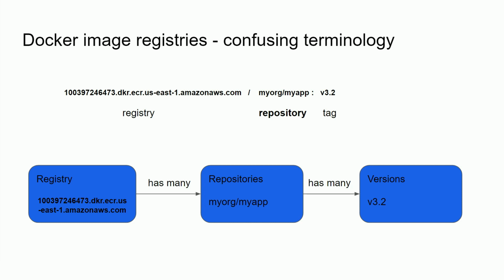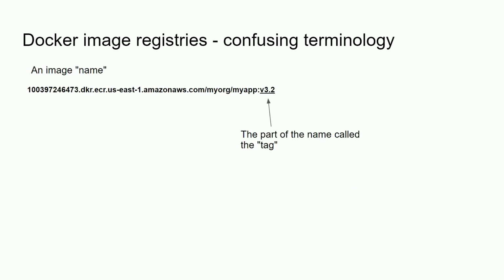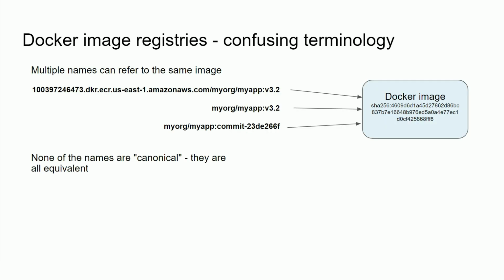The next point of confusion is even more fun. We've said that an image name can contain a tag at the end of the name. We've also said that it's perfectly fine and even encouraged to have multiple names refer to the same image. None of these names is more privileged than another.